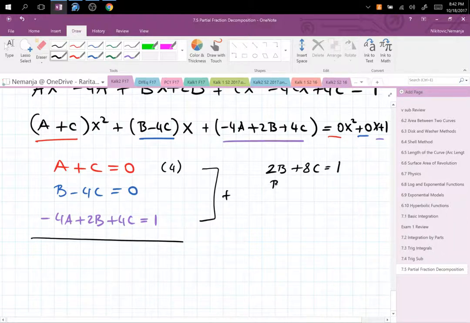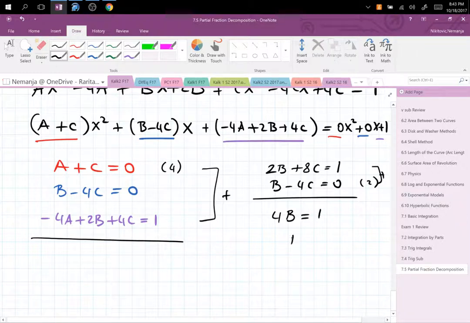And the equation here is b minus 4c equals 0. Times 2 on the bottom equation, and then add. So 4b is equal to 1. B is equal to 1/4.